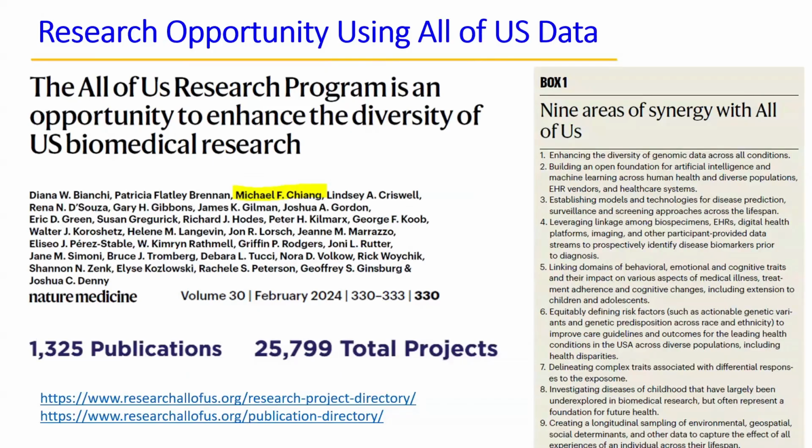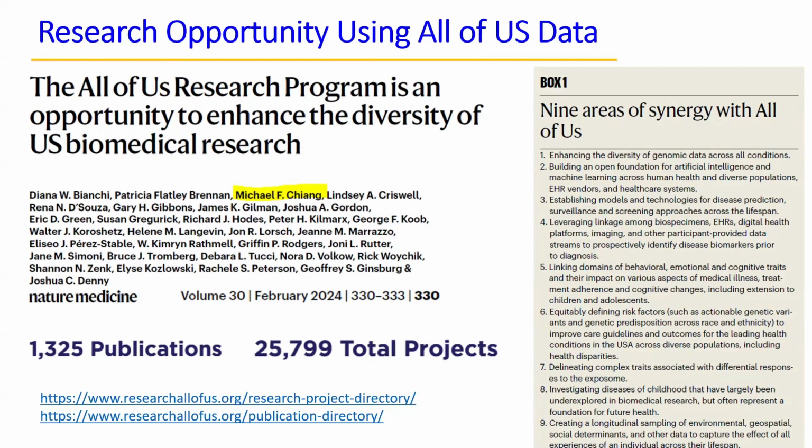They have one paper in Nature Medicine, led by the different institutes under the NIH director, including the National Eye Institute, Michael Chang, whom most of you know. Basically this paper highly recommends and promotes the use of All of Us data for clinical research.